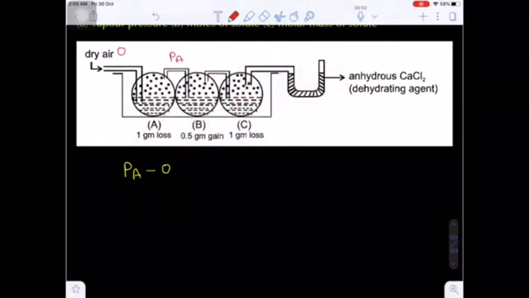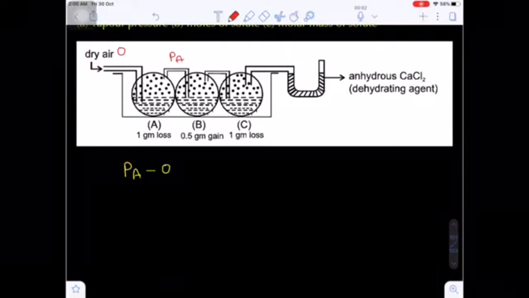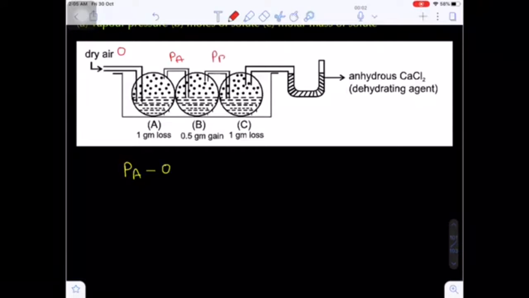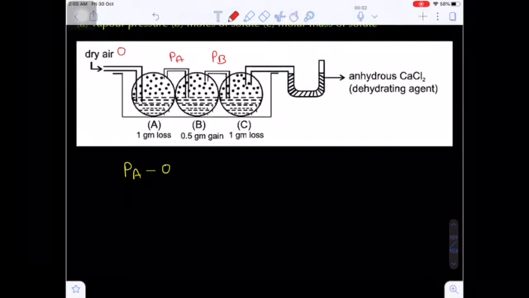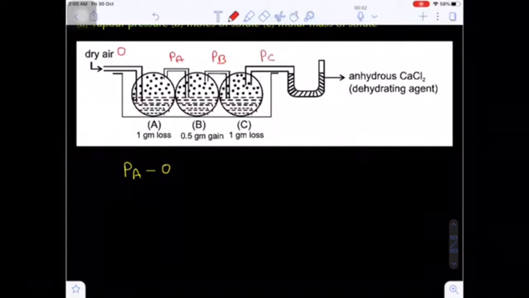After passing through solution A, the vapor pressure is PA; after passing through solution B, the vapor pressure is PB; and finally after passing through solution C, the vapor pressure will be PC. Now you see in the first bulb, weight loss or gain?